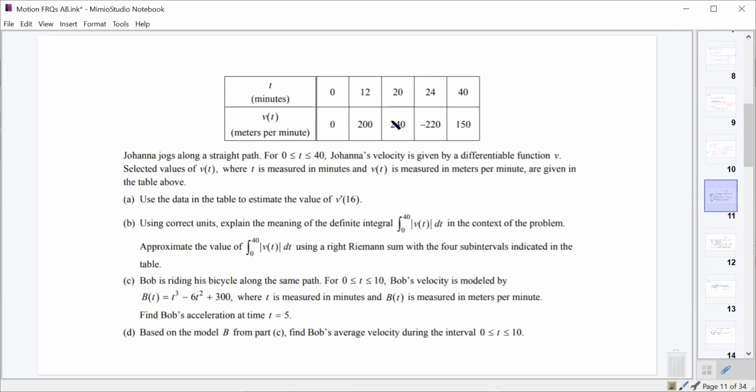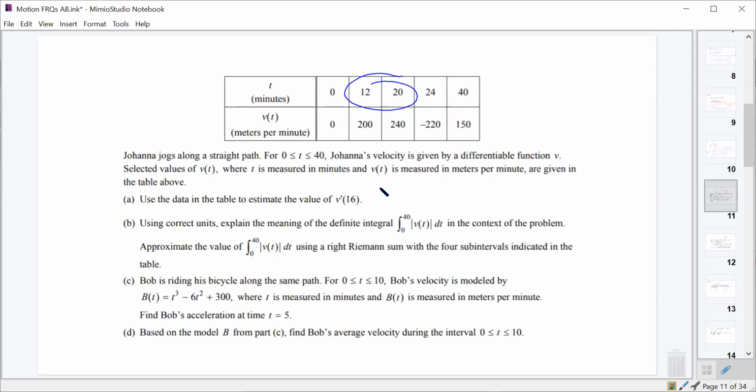So first thing it wants us to do is to use the data in the table to estimate the value of v prime of 16. To find the derivative of v, the easiest way will be to approximate it using the average rate of change, finding the slope between 12 and 20, because those surround 16 pretty nicely.